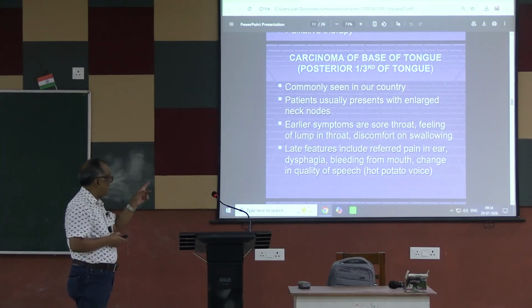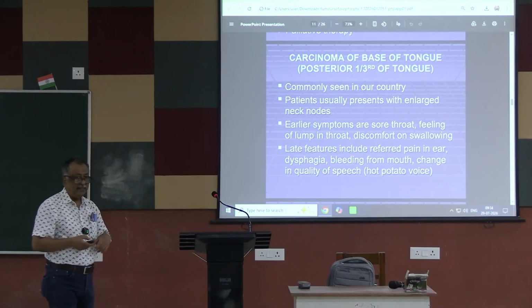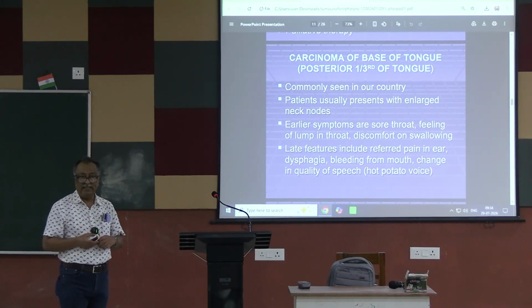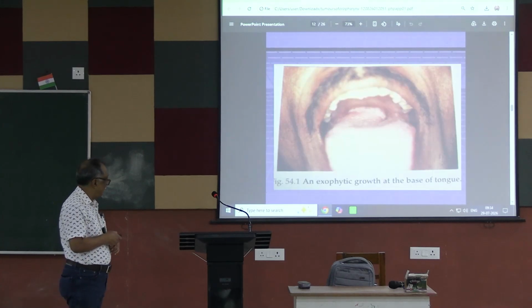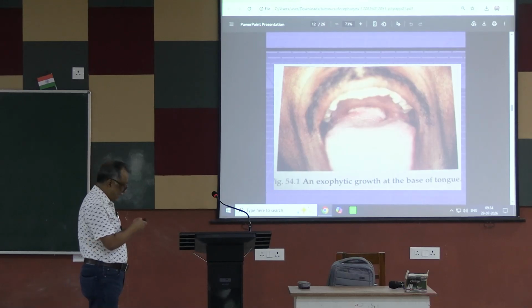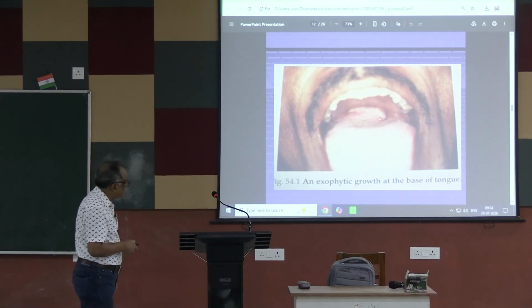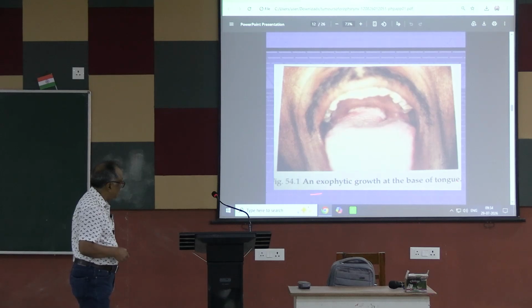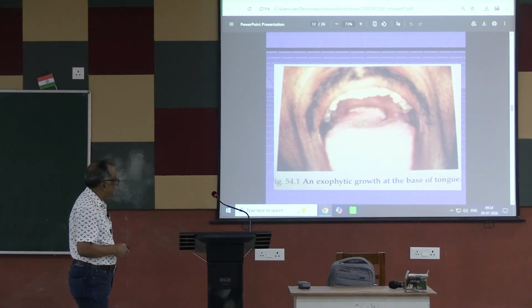Another thing also happens when the pterygoid muscles are involved, that is trismus. There is an exophytic growth at the base of the tongue, gradually increasing and occluding the food passage.